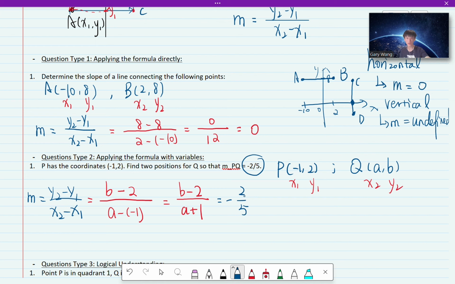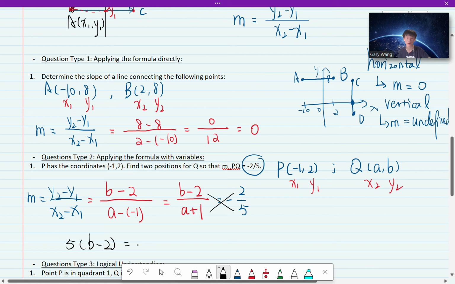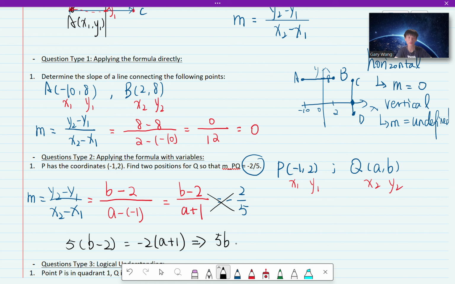So if we do a simple cross multiplication like this, we will get 5 times (b minus 2) equal to -2 times (a plus 1). And if we do a simple simplification, it would be 5b minus 10 using the distributive property, and negative 2a minus 2.